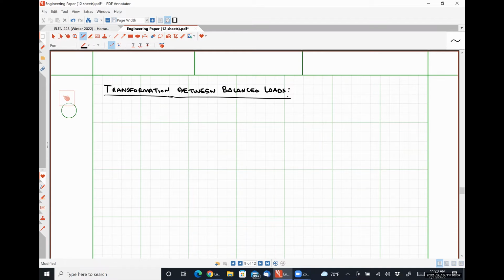All right. So let's say that we have, actually, I'll draw it the way that I prefer to. The following three-phase Y-connected load.